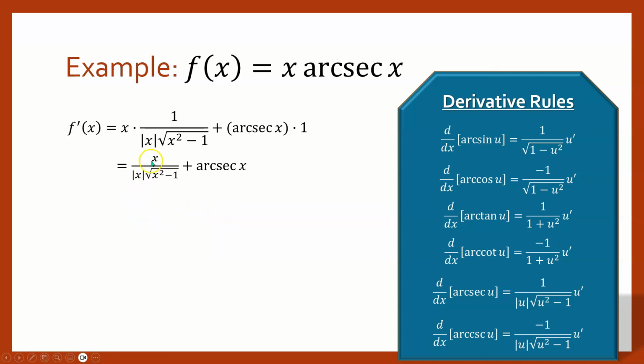Again, there's no real good way of simplifying x over the absolute value of x if we don't know ahead of time whether x is positive or negative. If we did, then that would reduce to either just positive 1 if we knew x was positive, or negative 1 if x was negative. But if we don't know, we may as well just leave it like that.